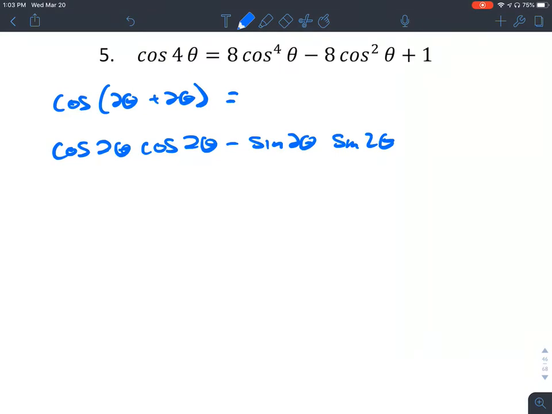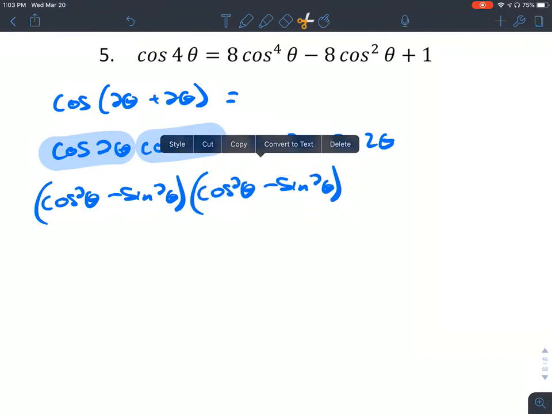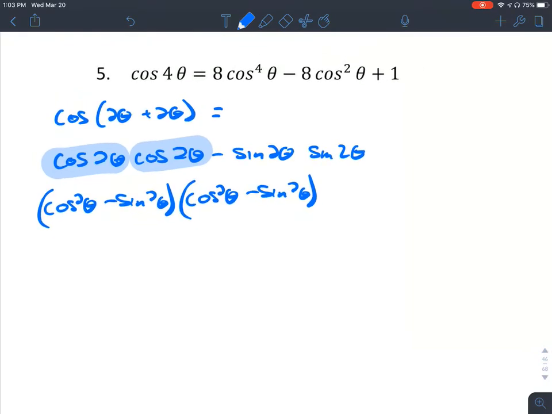Now what can we do? Well, I know what this is. That is cosine squared of theta minus sine squared of theta. That's a double angle identity from this section. And this is the same, so this is just going to get repeated. And then over here on the right, I think I see something that I probably should have done.